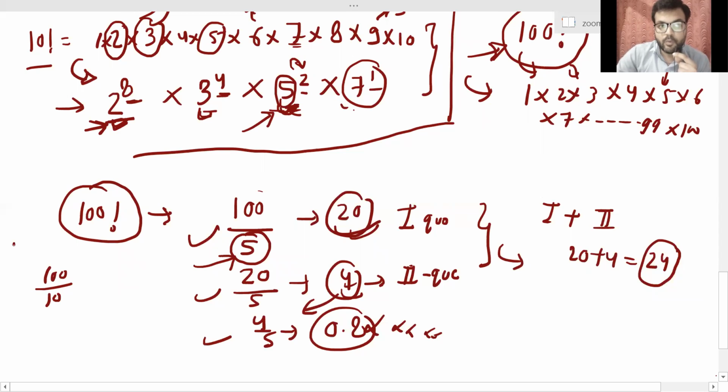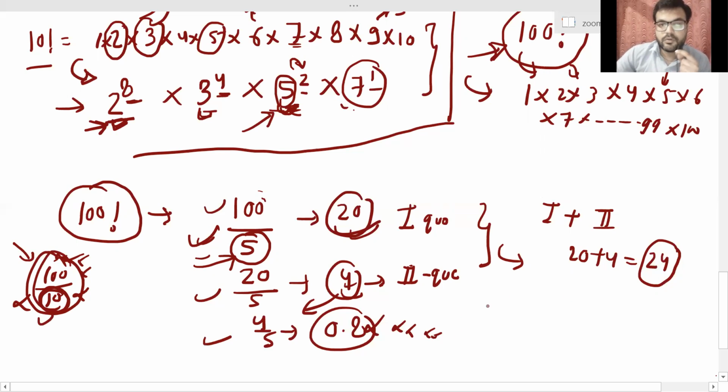If I'm asking you what is the maximum power of 10 in 100 factorial, you cannot divide this 100 by 10. No, never. Why? This rule is not for the composite number, because 10 is a composite number. So we cannot apply this rule for 10. We will be applying this particular rule only for the prime numbers.